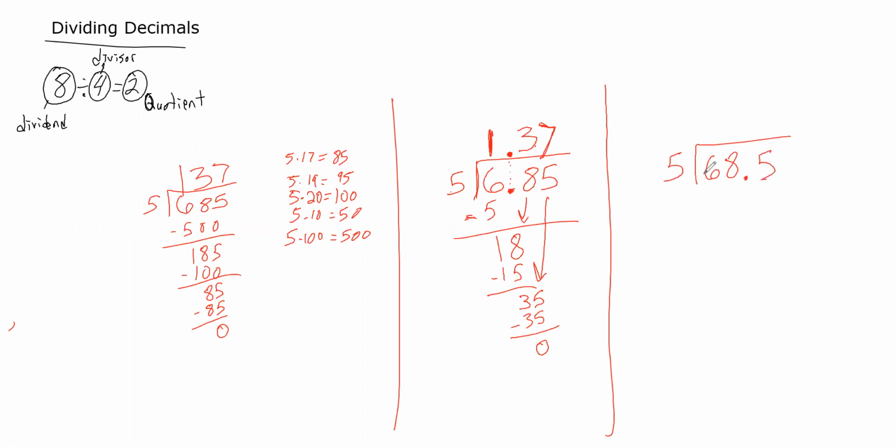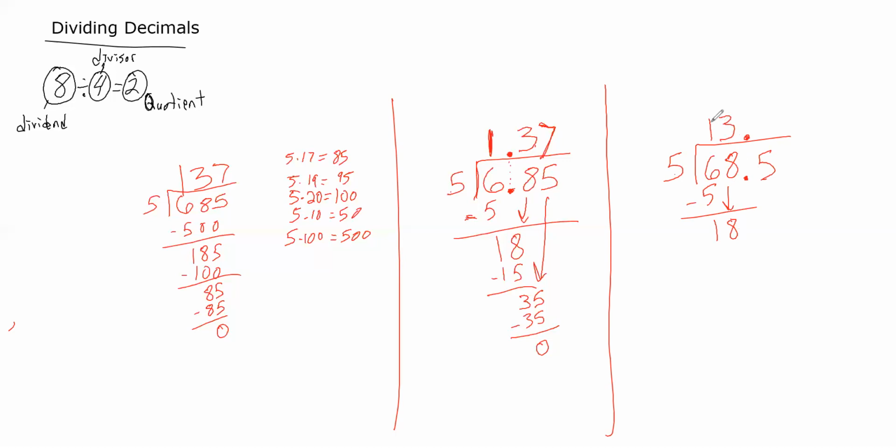So now I can see that there is a decimal in the dividend part of my problem. So I'm going to move it up here into my quotient. 5 goes into 6 one time. 1 times 5 is 5. Subtract this out, and I get 1. Now I bring my 8 down. 5 goes into 18 3 times. I'm going to put that here.